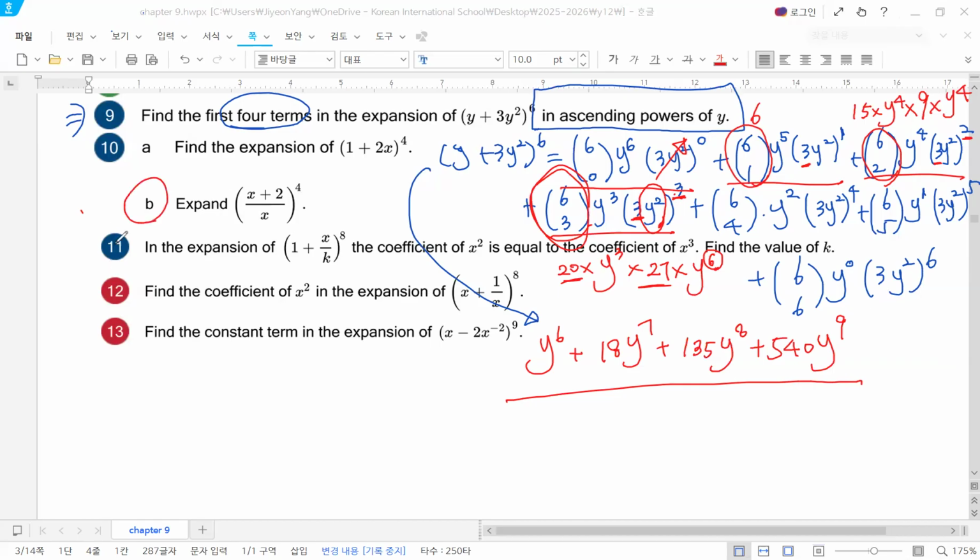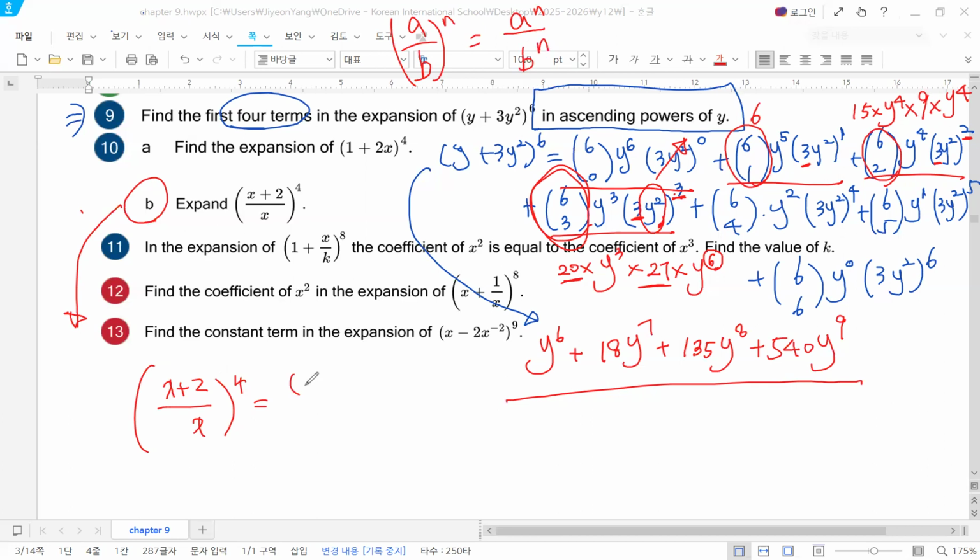Question B: (x plus 2) over x, all to the power of 4, students. If I were you, I would separate it. One of the laws of indices: a over b to the power of n equals a to the power of n over b to the power of n.